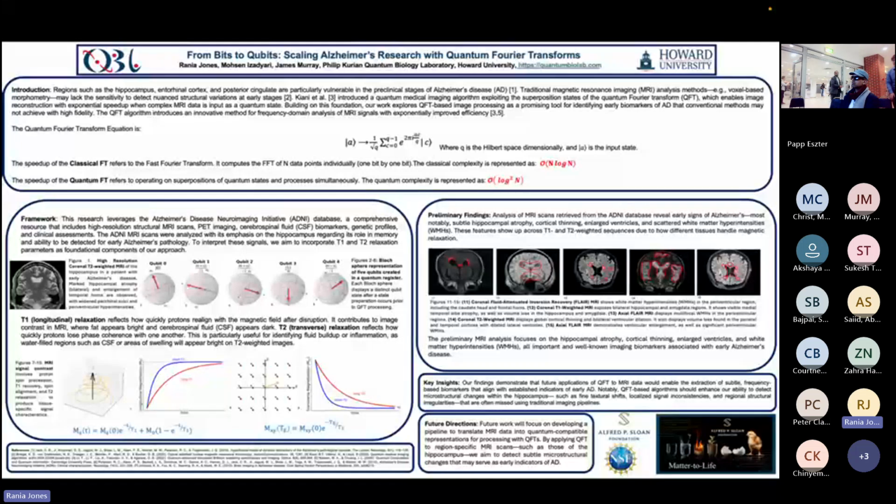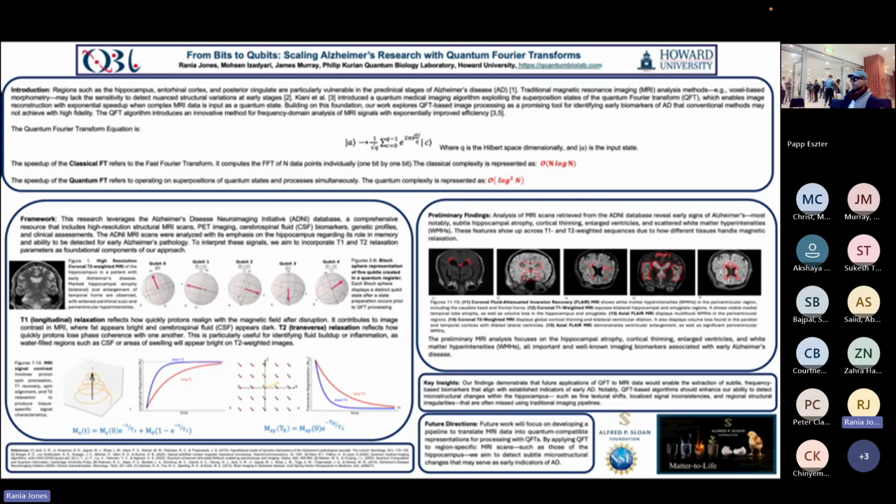In the framework section, you'll see how I'm beginning to connect the fields by starting with the ADNI MRI scans, identifying the Alzheimer's biomarkers, and then exploring how the information might eventually be represented as a quantum system. The Bloch spheres I included in this presentation provide a visualization of individual qubits.